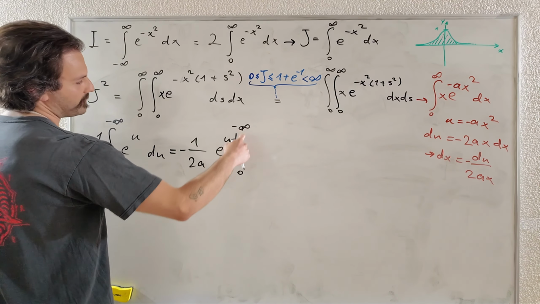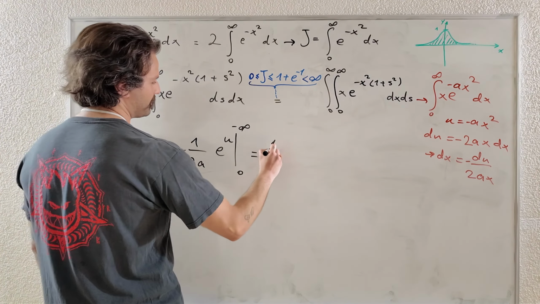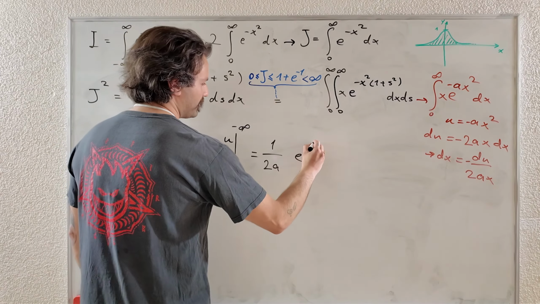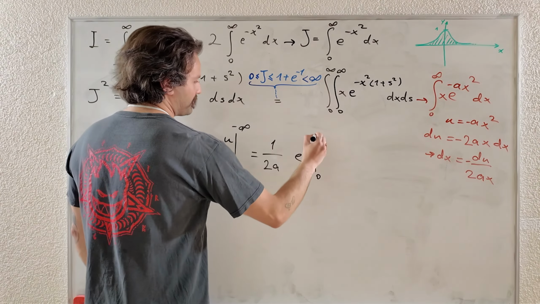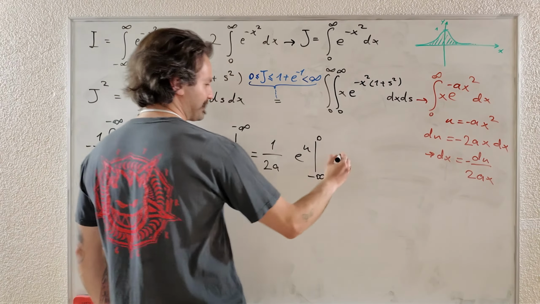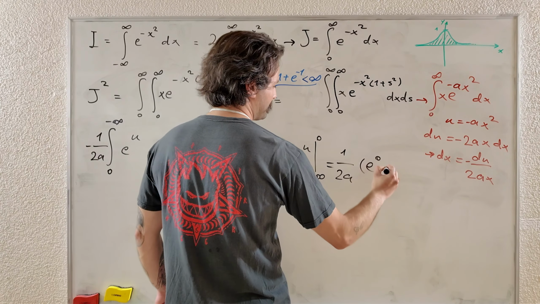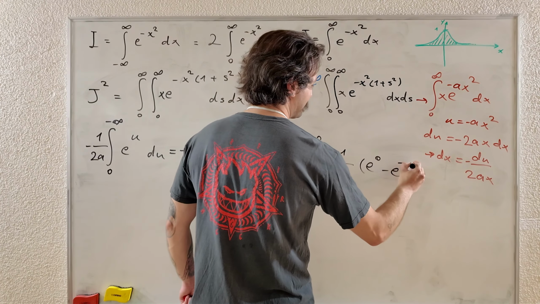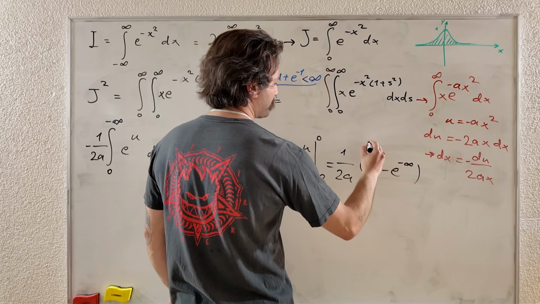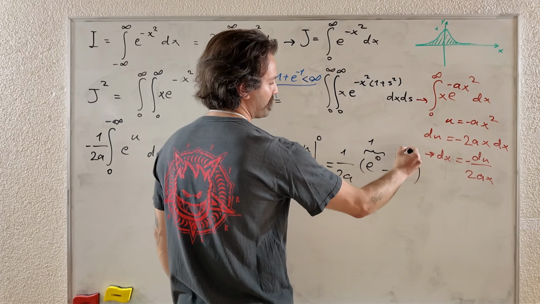If we change the order of the limits, we have to multiply this term by a minus 1, so we get 1 over 2a times e to the power of u evaluated between minus infinity and 0, and this will give us 1 over 2a times e to the power of 0 minus e to the power of minus infinity. And we know that something raised to the power of 0 gives us 1, and e to the power of minus infinity is just 0.